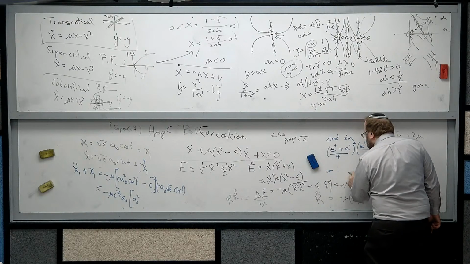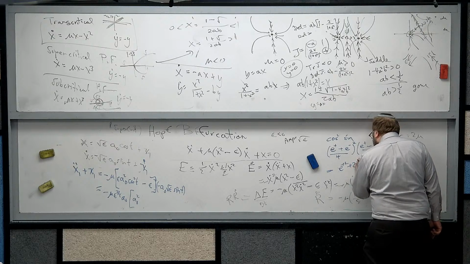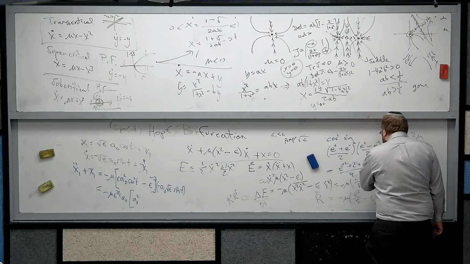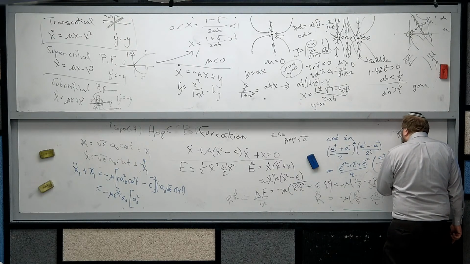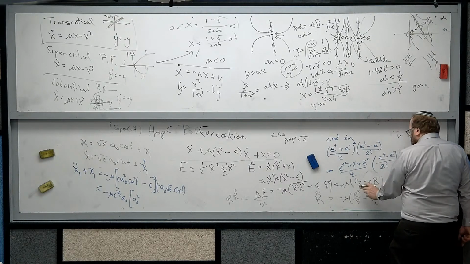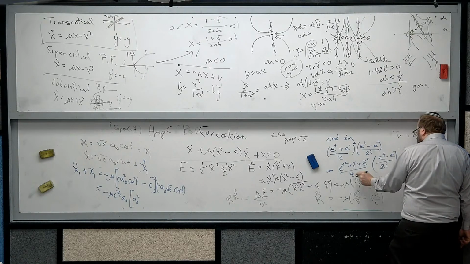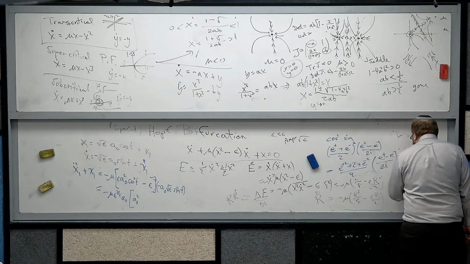So we get e to the plus 2it, e to the 0, plus e to the minus 2it, and then we get the 4, and this is e to the plus minus e to the minus over 2i. We get a term which is e to the plus 2 times e to the plus is e to the plus 3. And similarly, we have e to the minus 3, over 4 times 2i.